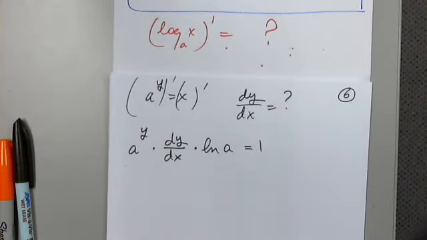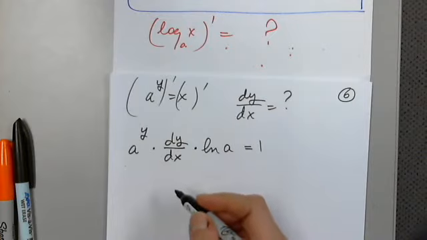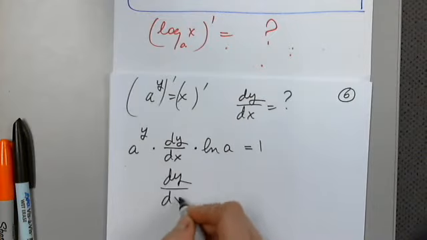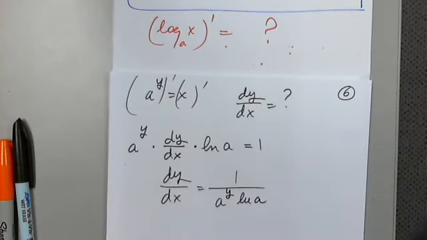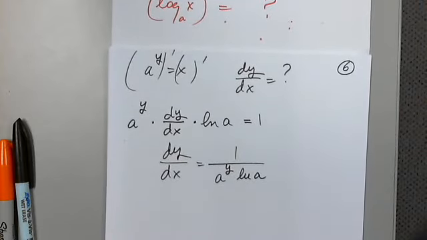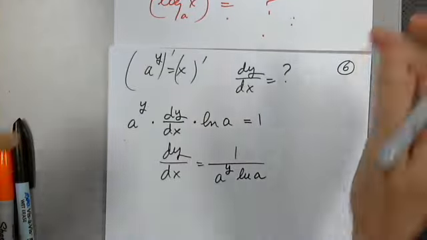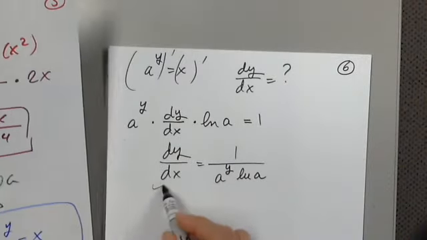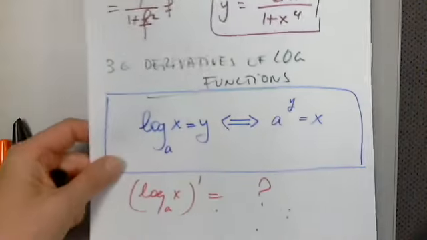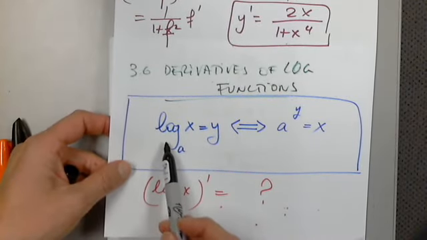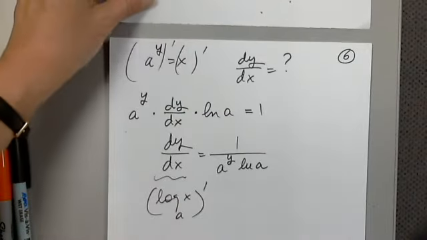From this equation, what do you think I'm going to solve for? Of course, y prime, which is the derivative of the log function. So dy over dx is 1 over a raised to y times natural log a. Okay, so this is log base a of x prime, because dy over dx is the derivative of this function.